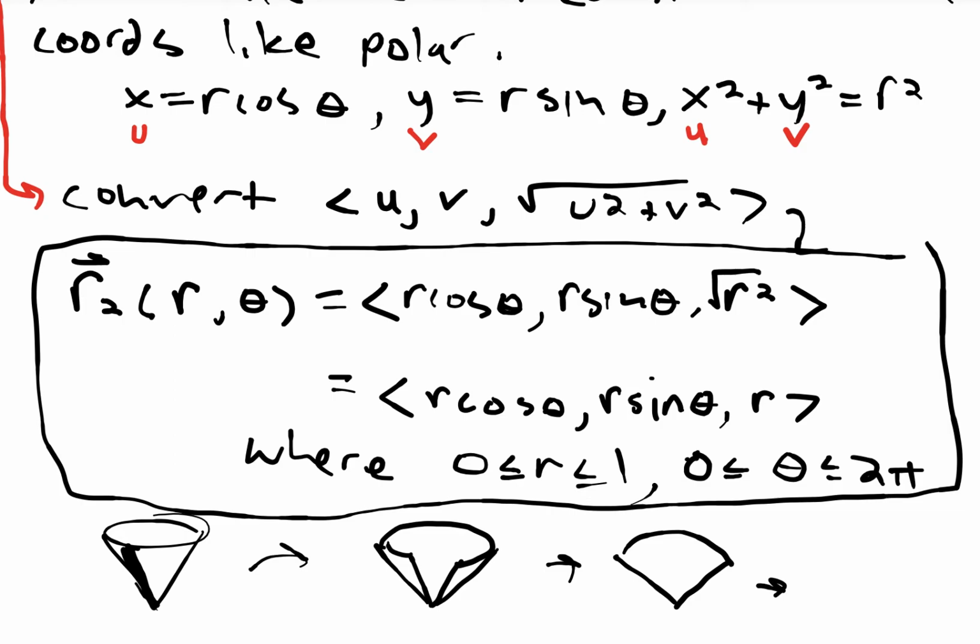I'm going to stretch this out across the bottom, so this entire bottom edge really gets compressed down into a point. This is just a different way for us to take our D region, or the rectangle that we actually get here, and identify points on the rectangle to points on the cone.